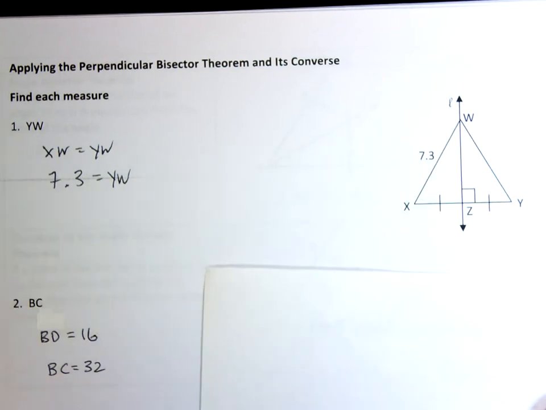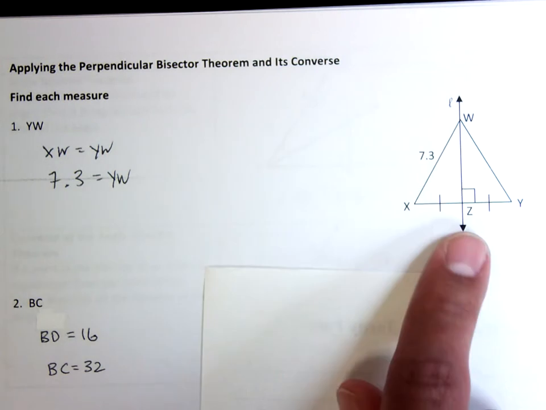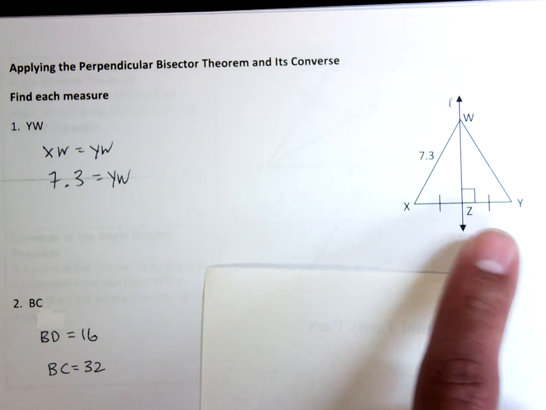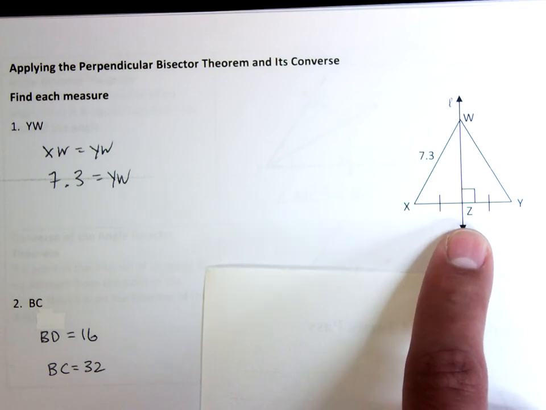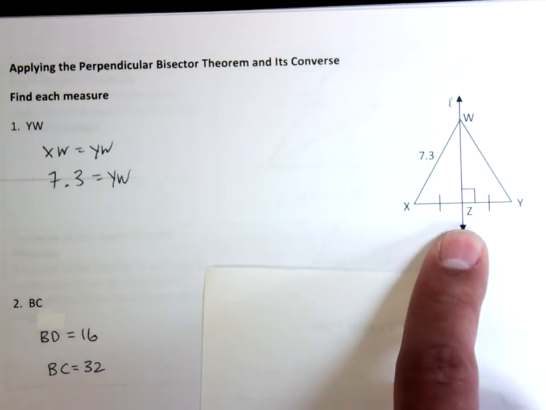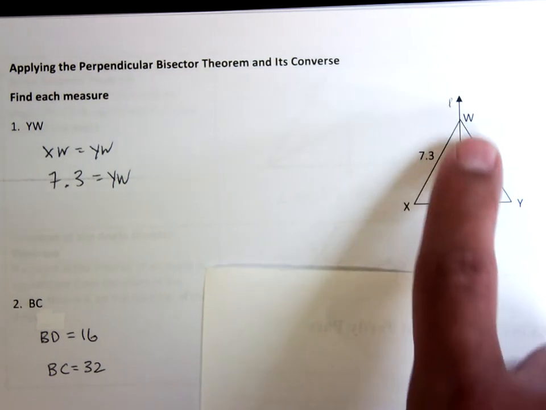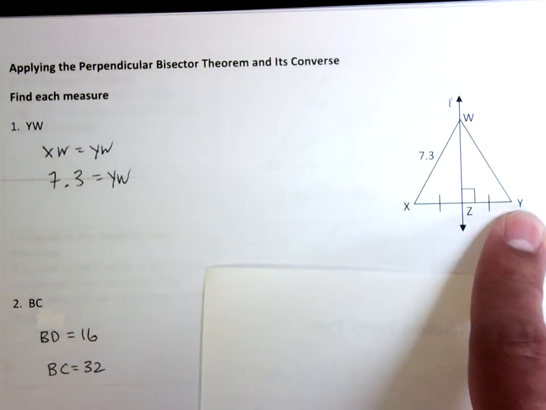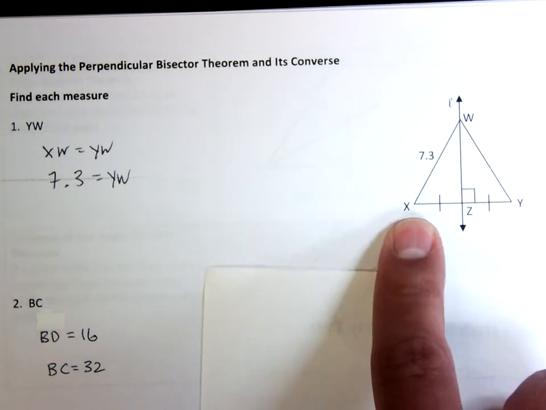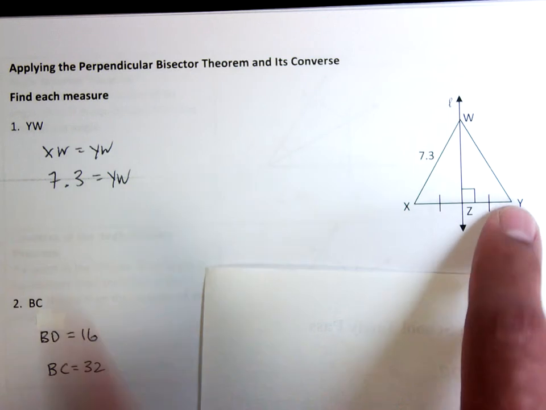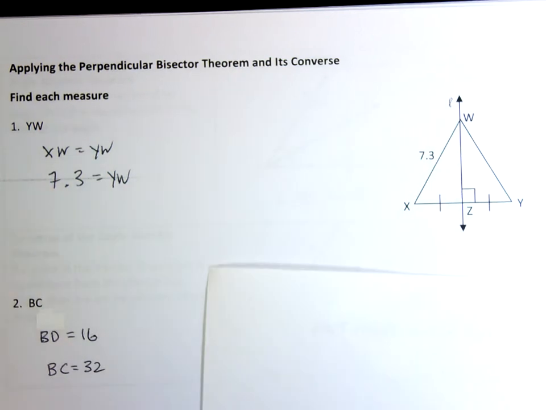But I look at my picture, I see that line L is perpendicular to segment XY, and I see that XZ is congruent to YZ, so that means that line L is a perpendicular bisector, and every point that lies on line L is the same distance to X as it is to Y. So if I know that WX is 7.3, then YW must also be 7.3.